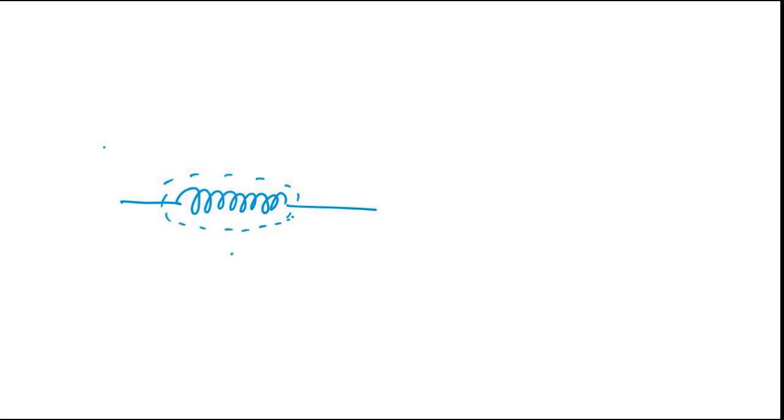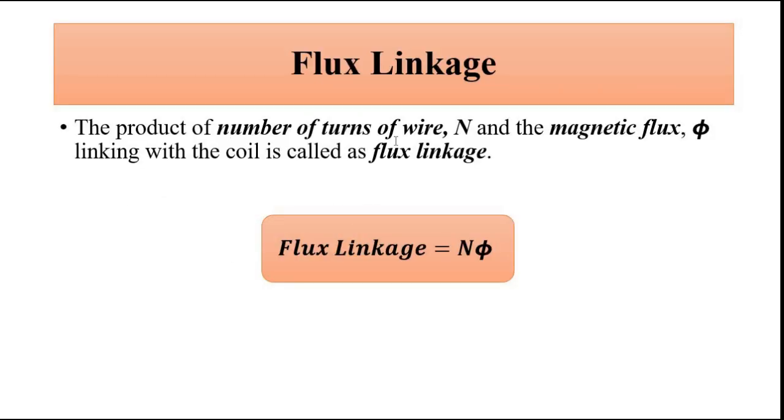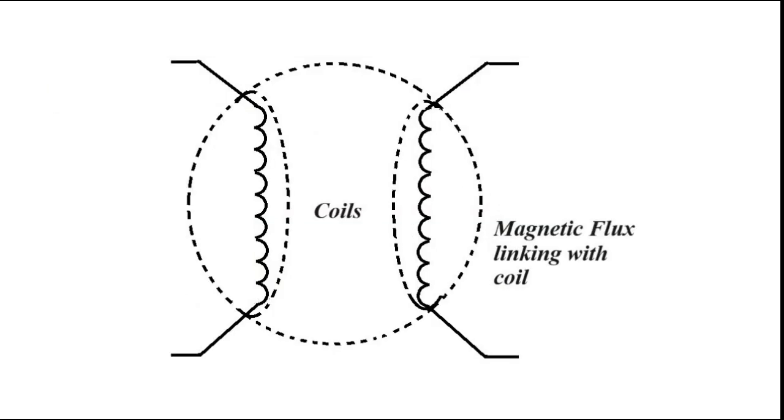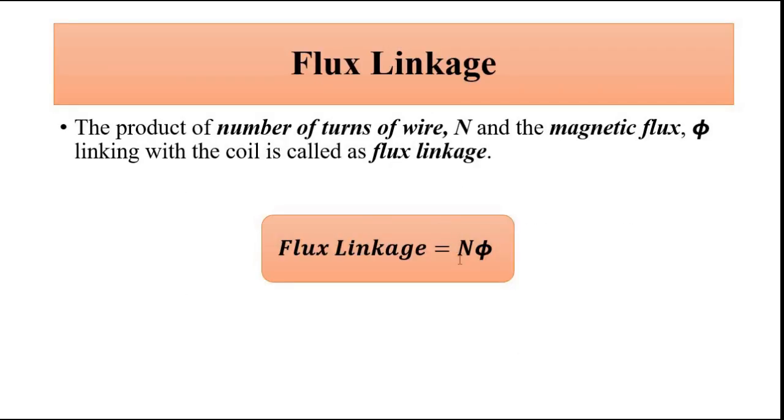The number of turns of the coil is N, and the magnetic flux linking with each turn is phi. So flux linkage is simply the product of the number of turns of wire, in this case capital N, and the magnetic flux linking with the coil. So simply the product of the magnetic flux and number of turns of coil gives us the flux linkage, which is equal to N phi. Okay, so flux linkage, magnetic flux density.